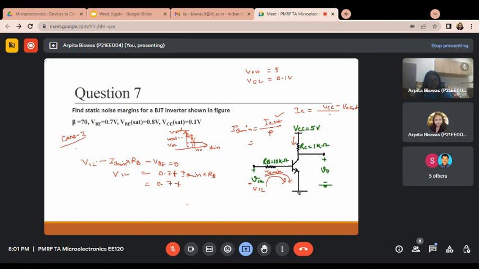Now calculate it. 4.9 milliampere. All of you calculate and tell whether the answer is matching or not. Correct, match. Okay. Just put the value 4.9 milliamps by beta value 70. Then what is the value of IB?